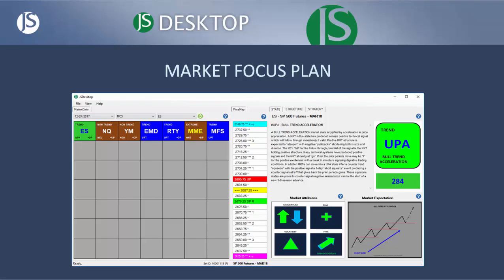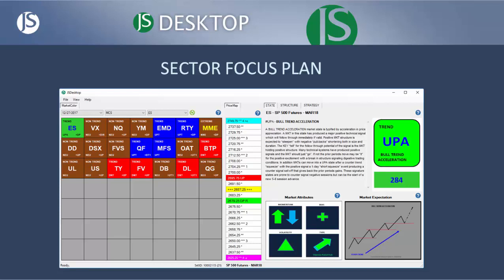So if your primary trading market is the S&P 500, the S&P Market Focus Plan will typically include other indices whose price behavior may provide insight to the direction of the 500. This set includes the S&P, the NASDAQ, the Dow, the Midcap 400, the Russell, the Emerging Market Index, and the EAFE Index. All market focus plans include 7 markets.